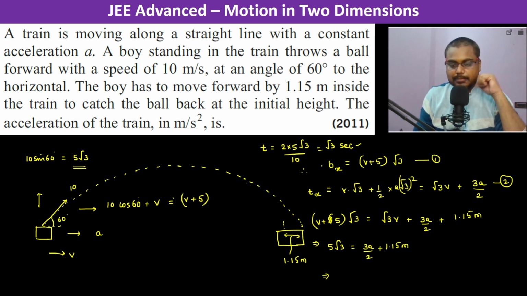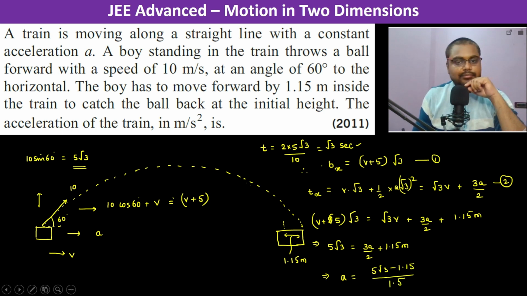Okay, so a is going to be 5√3 minus 1.15 divided by 1.5. Okay, so the acceleration of the train is going to be something like this.